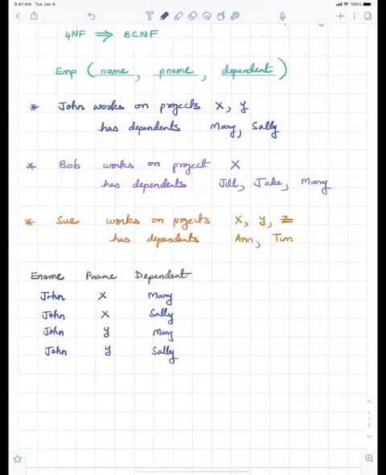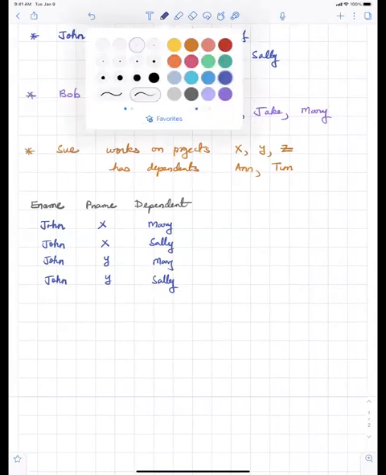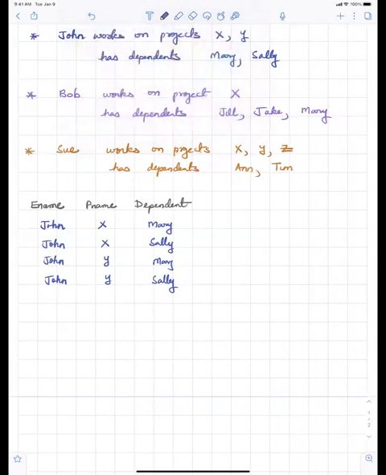His dependents are still Mary and Sally. So that's John. Okay, so the next person is Bob. Bob works on project X, so it's simpler. He just works on one project, but he has three dependents, Jill, Jake, and Mary.